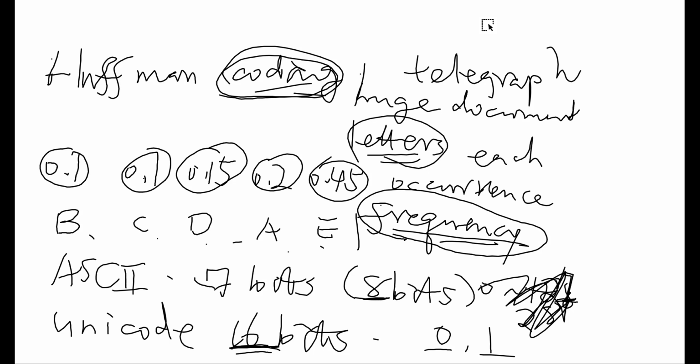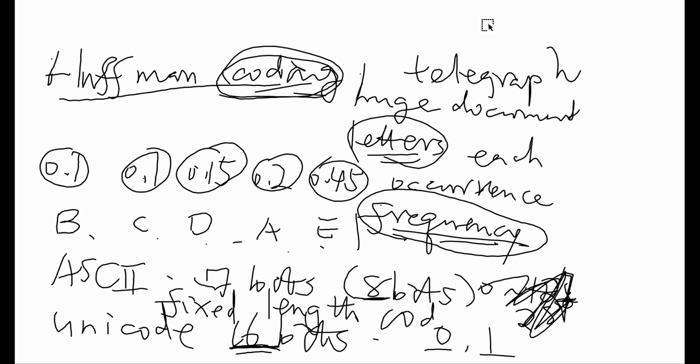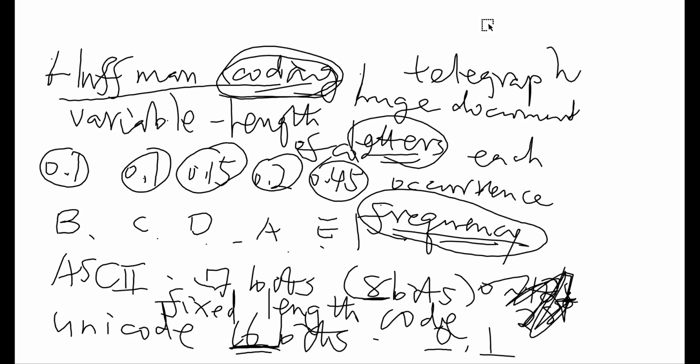So the idea for Huffman coding is that all of this is considered fixed length code, and Huffman is variable length code.